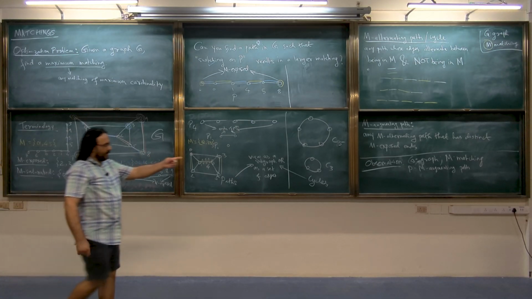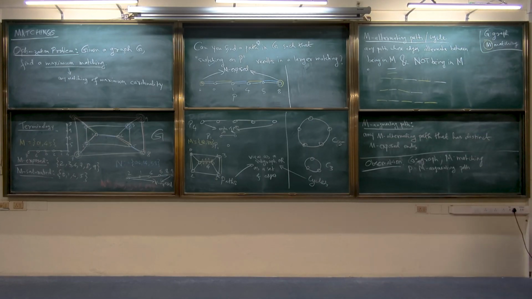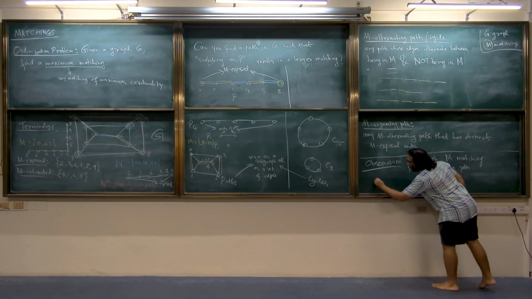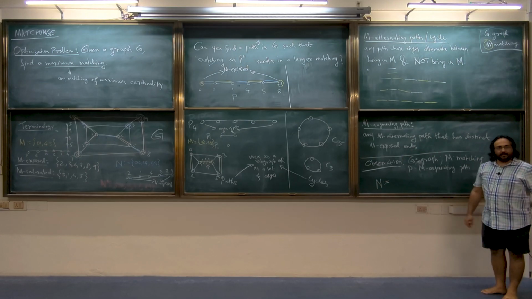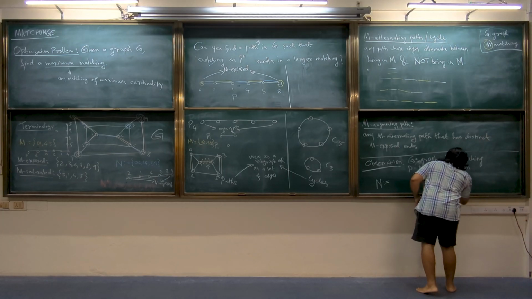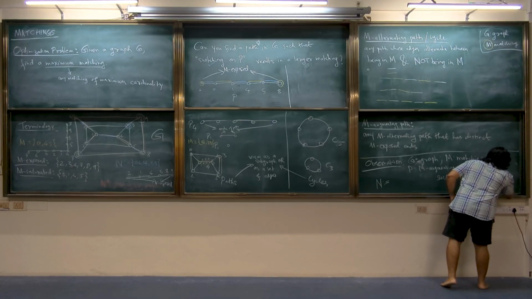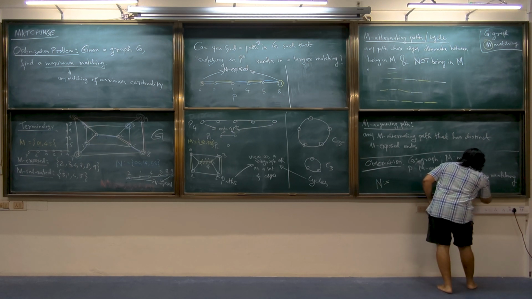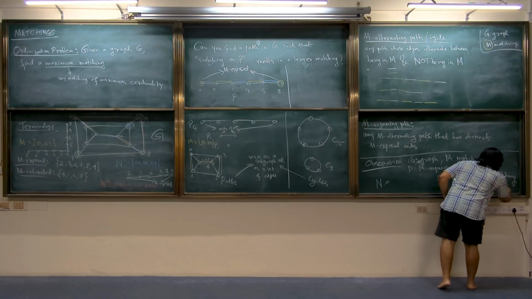Then can somebody tell me what is the larger matching? Right, in each case, you were able to do something and get a larger matching. So can you try to write down the definition of N, such that N is a matching and the cardinality of N is the cardinality of M plus 1.